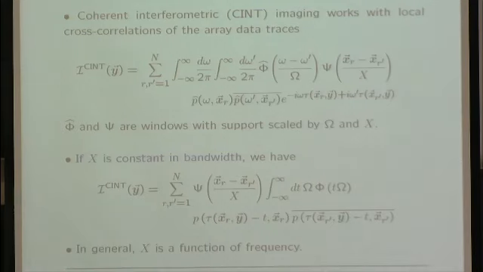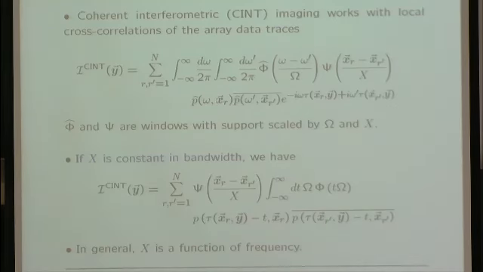I think a particularly easy to understand expression is the one shown below. This is the imaging function for the source problem, which is a simpler one. The scattering problem is going to be on the next slide.